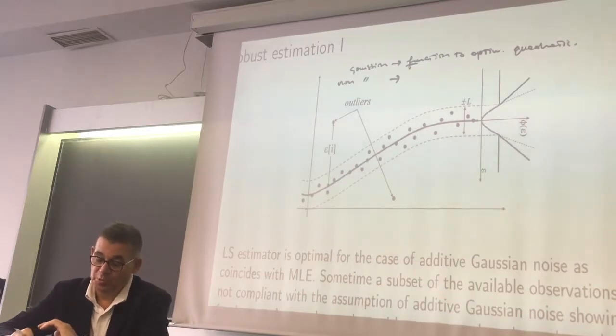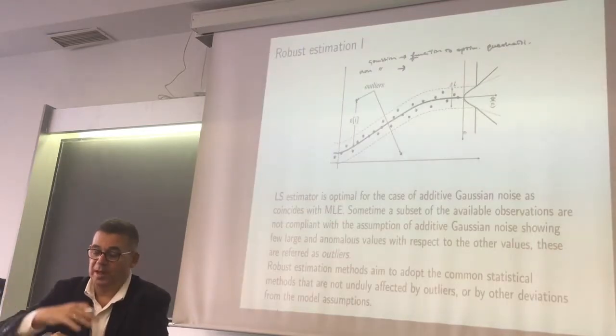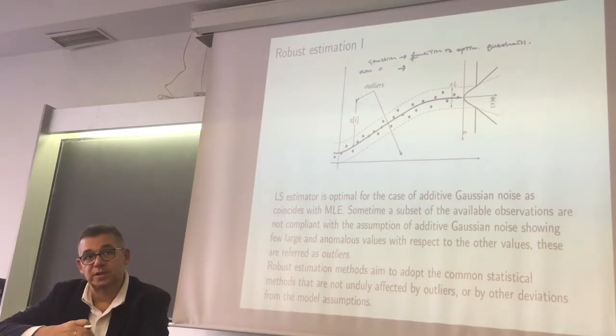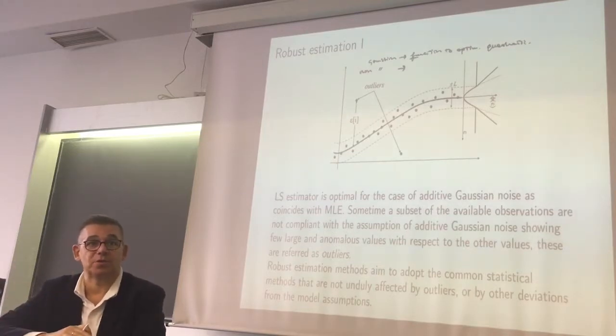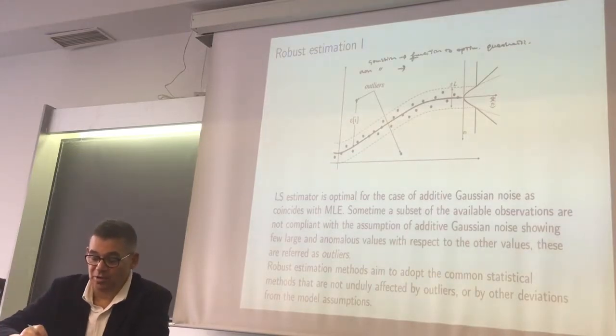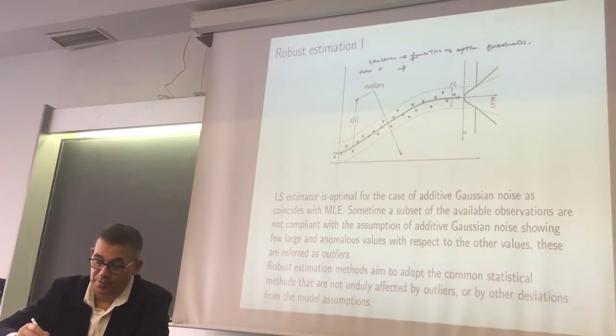Now, in order to manipulate problems where, for instance, the data depart from the Gaussian assumption, this happens when you have outliers. So outliers are samples that are clearly, this is the sample, this is the sample, okay?